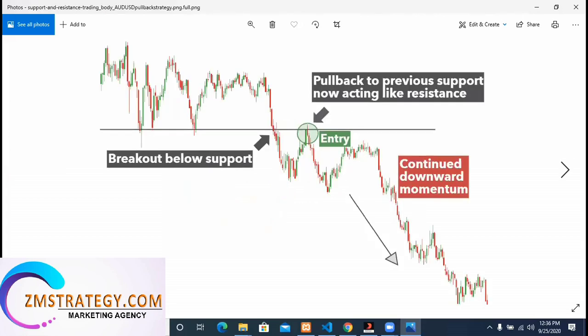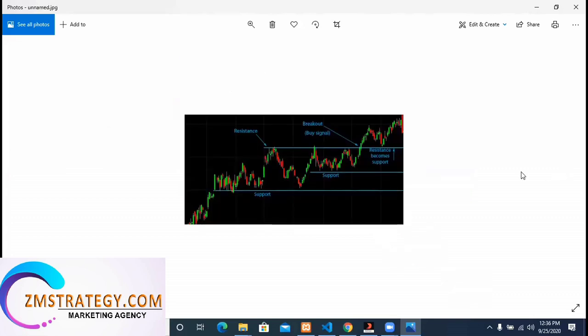So the idea of support and resistance is that when you are able to draw your support and resistance lines accurately, there are two things that are likely to happen.